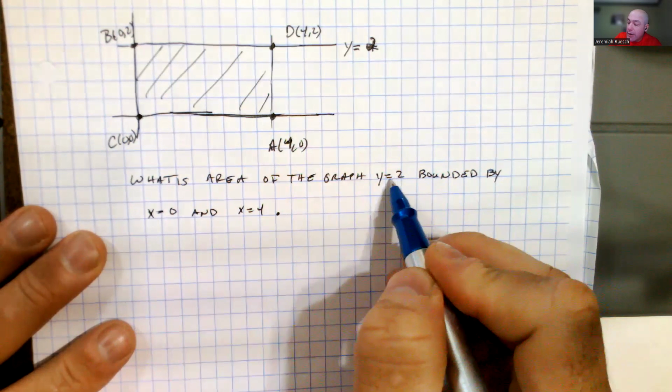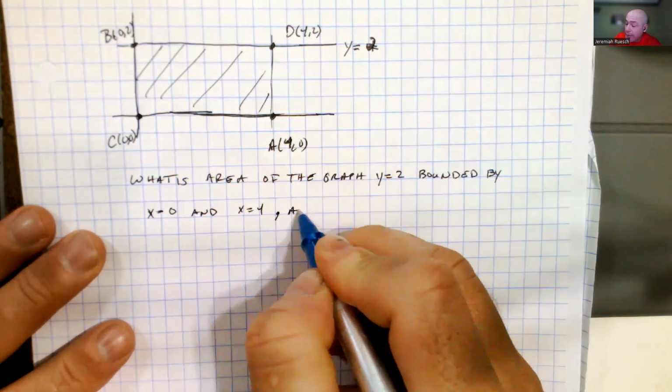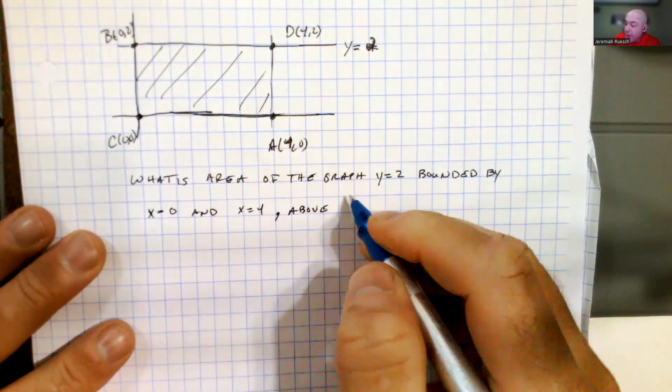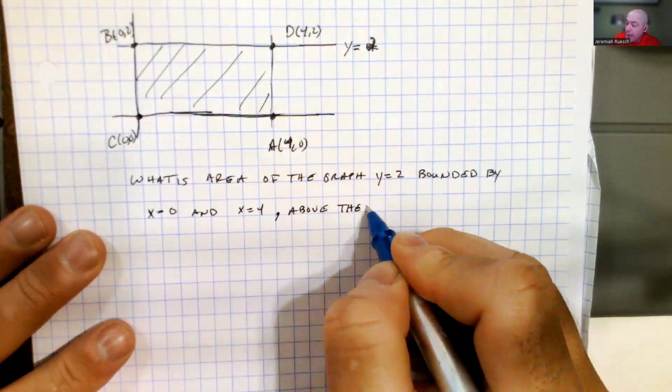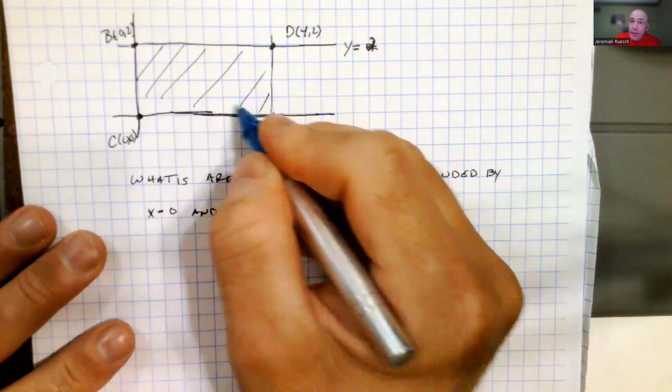And also above the x-axis. I don't think I said that at the beginning of the video, but that's what I meant, above the x-axis. So it's that region that I showed there.